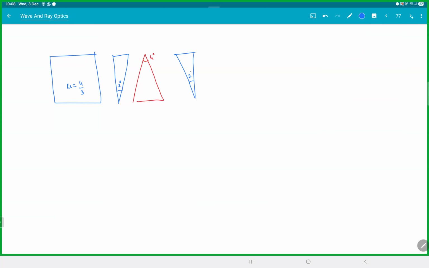This is another 2-degree piece. And again, this is a slab. Clear? Can I do it like this? And parallel slabs do not create any deviation. Remember, when a light ray enters a parallel slab, it goes away without deviation.